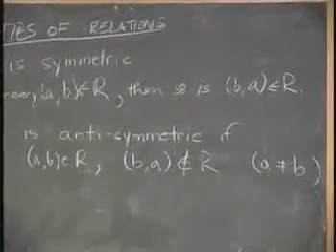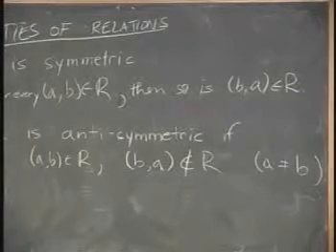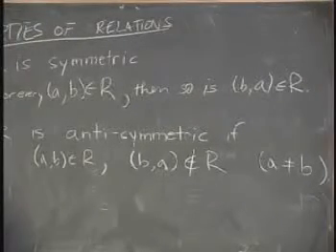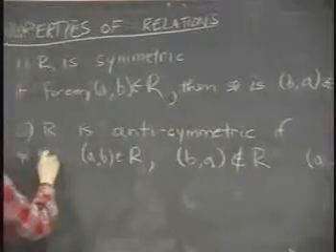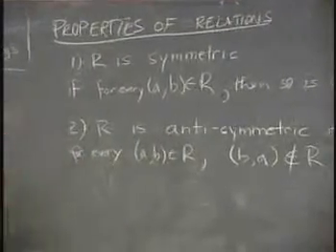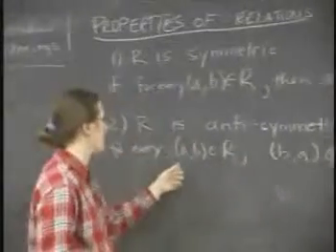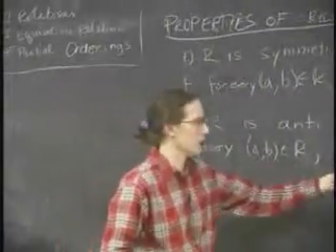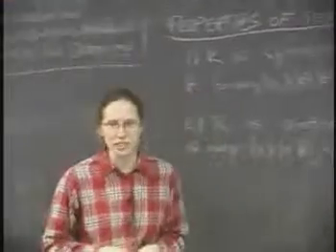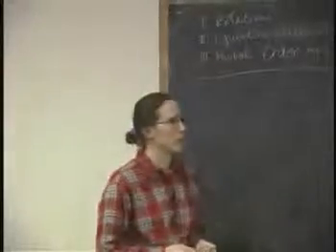For every A, B. So this is if for every. And of course, it wouldn't make sense if A was equal to B, because then we would be saying if A, A is in R, then A, A is not in R. And so we just restrict ourselves to the case when A is different from B.